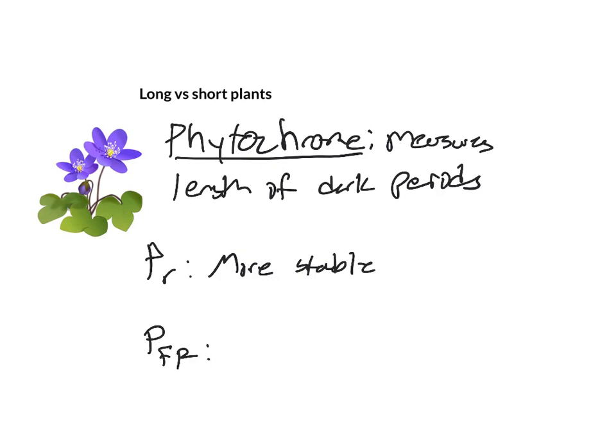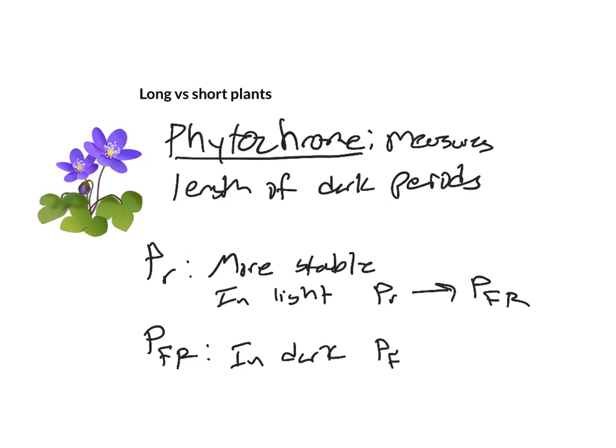And in light, the PR form changes to PFR. The PFR then is obviously a little bit less stable than the PR form. And in dark, it changes from the PFR form to PR.